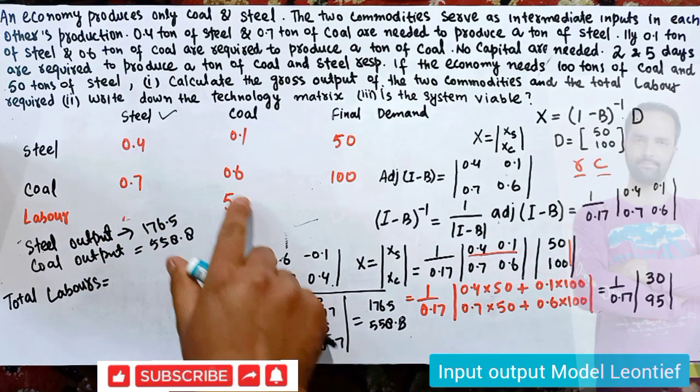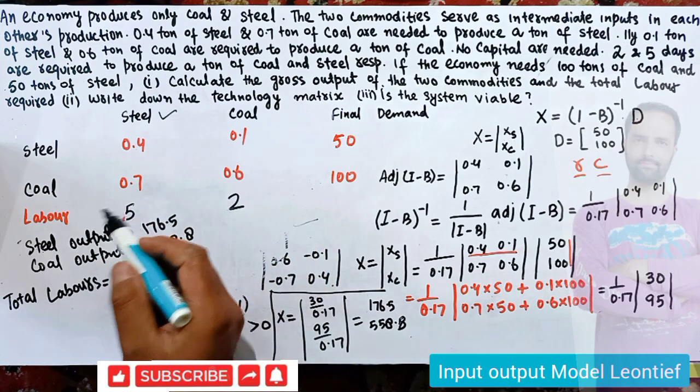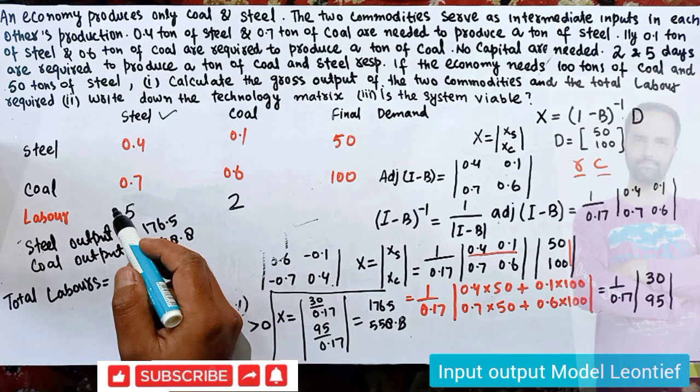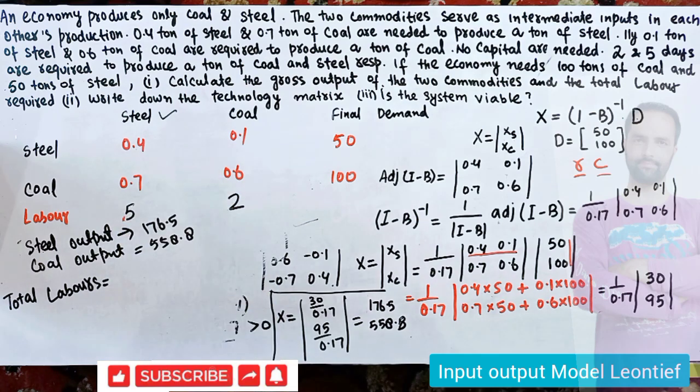Let me write it here. This is 5, this is 2. We need 5 labor days to produce 1 ton of steel.